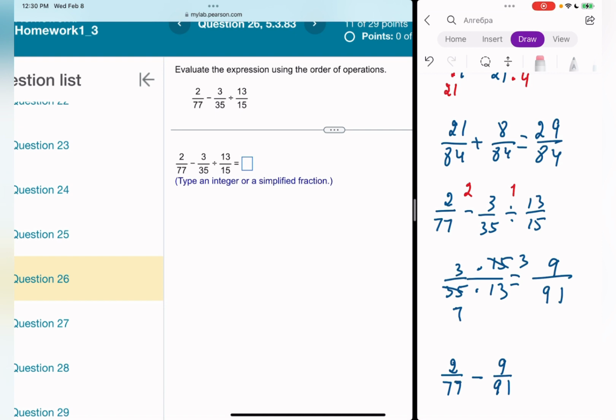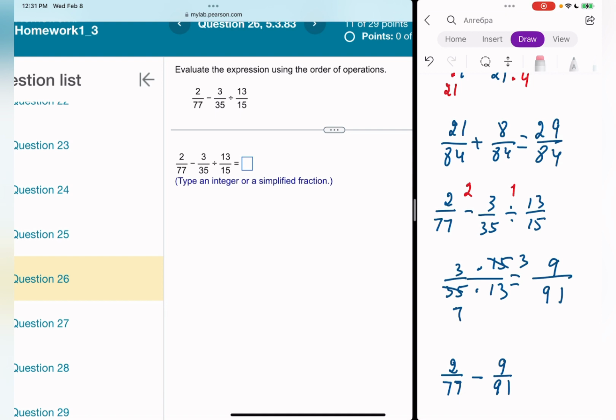It's not divisible by 77 for sure. 91 times 3, 273 divided by 77, it's not working either. 91 times 4, I am getting 364. Dividing by 77, it's not divisible, it also gives decimals.